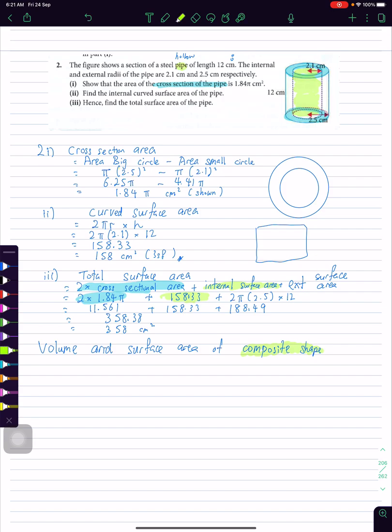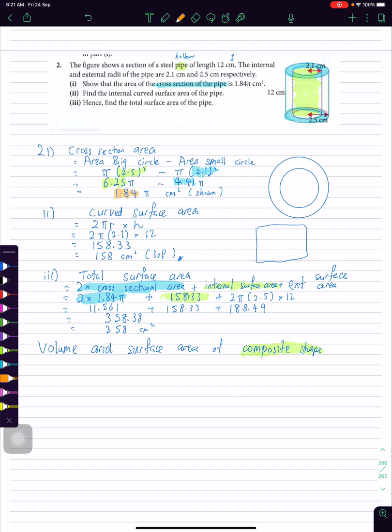So basically I just press 2.5 square to get 6.25. And I press 2.1 square to get 4.41. Alright. Then in my calculator, I will press 6.25 minus 4.41 without the pi. And that's how I get the 1.84 pi.